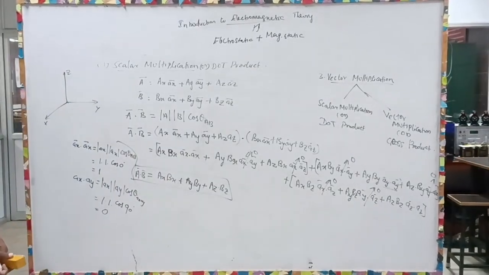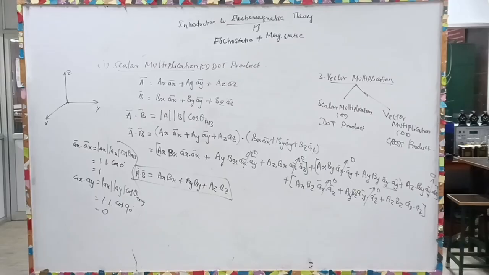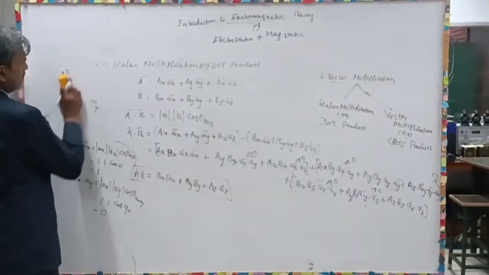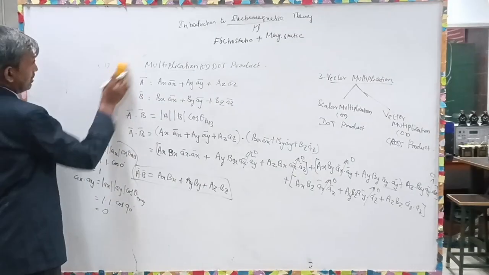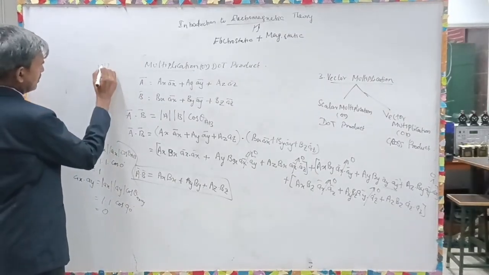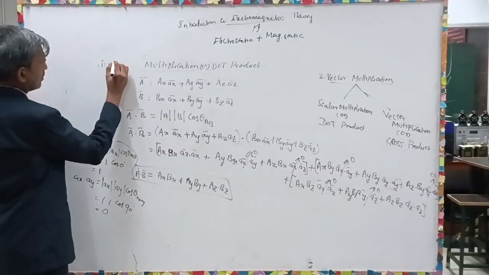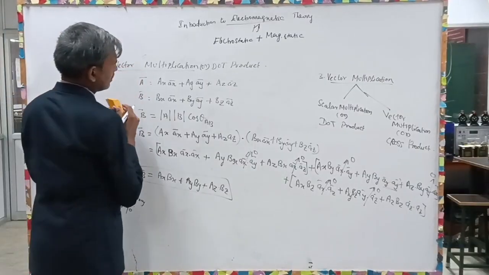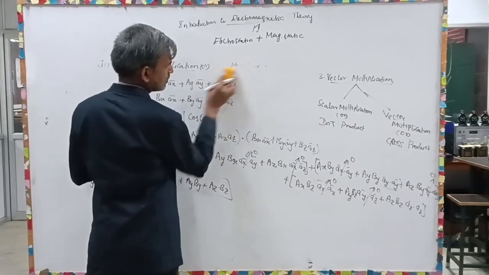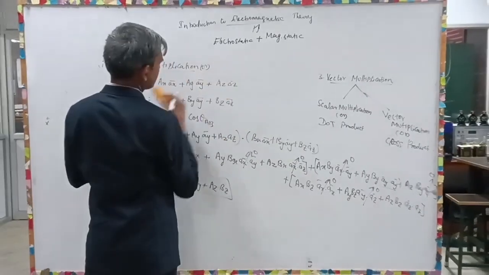Okay. So the second one is vector multiplication or cross product.